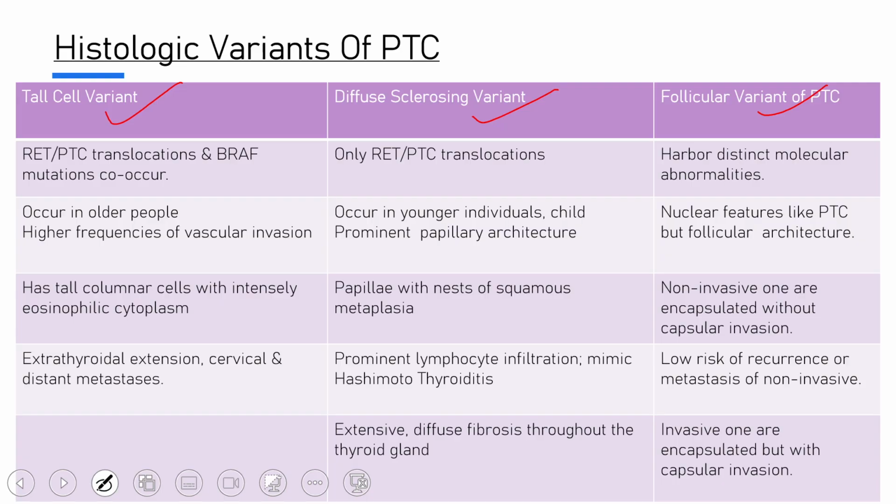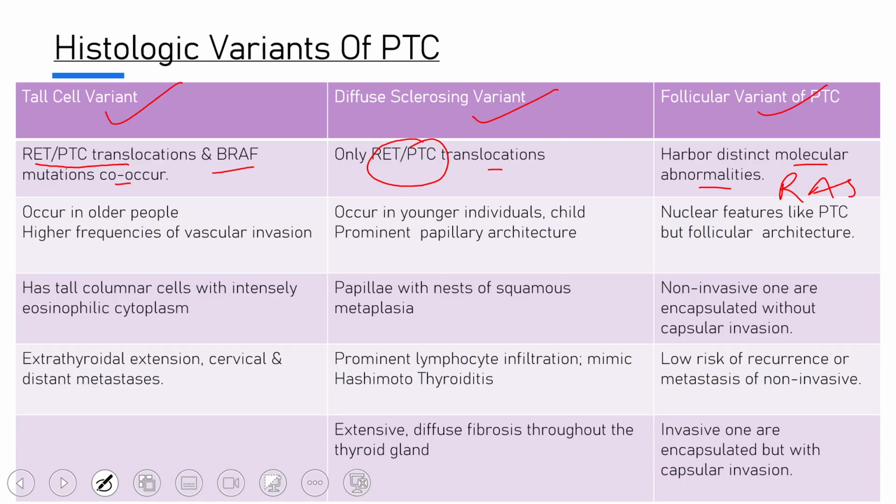There is the RET/PTC translocation, which we discussed in the part 1 video, and also a BRAF mutation that co-occurs in the tall cell variant, while in the diffuse sclerosing variant only RET/PTC translocations are present, while the follicular variant harbors distinct molecular abnormalities like RAS gene mutation.